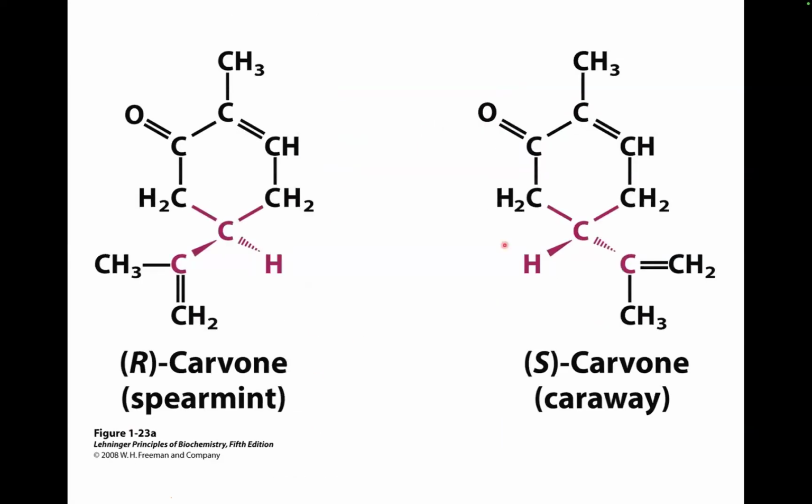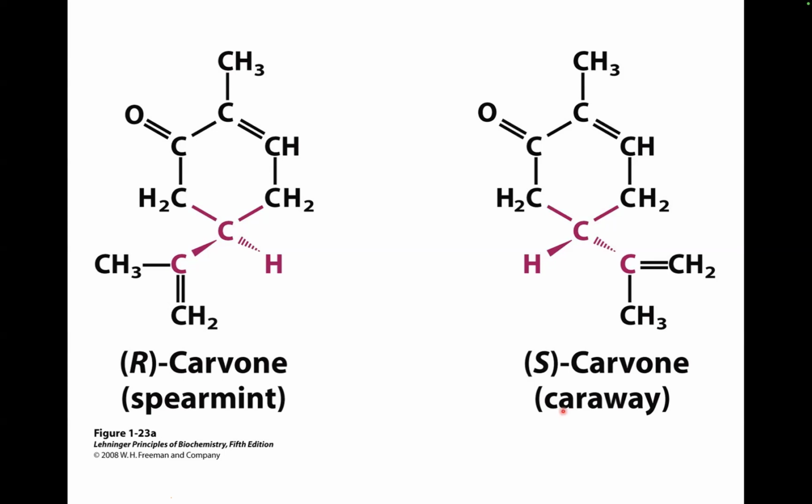There are some instances, though. Here, if you look at this compound in the R configuration, or L configuration, this would be carvone, which is spearmint, so it gives you that minty flavor. And then in the S configuration, it gives a flavor that's like caraway. I might bring some caraway seeds, but if you ever had a Chicago hot dog, a lot of times they're topped with these caraway seeds.